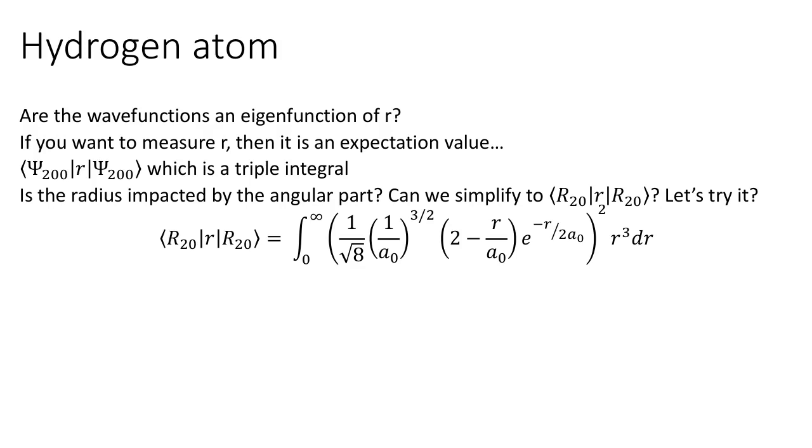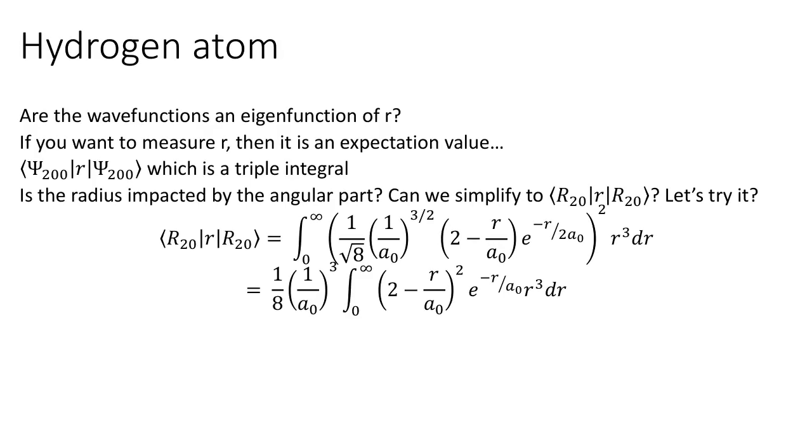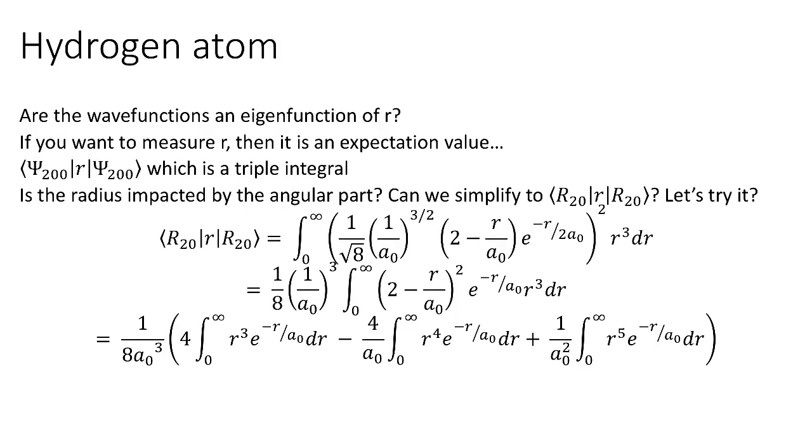We multiply this out and pull out the constant, so we've got 1/8 and 1 over a0 cubed out front. If you square what's in the parentheses, you distribute into three different integrals, which is what I've done here.